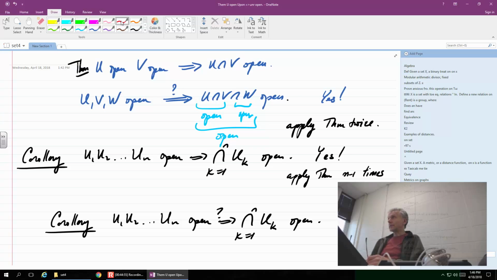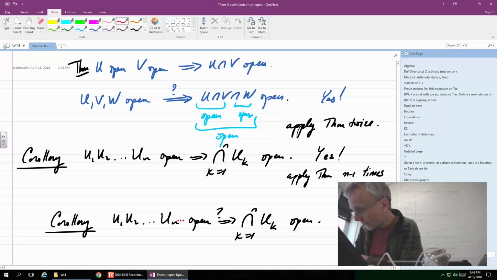N is finite. The next level is infinite. Okay, so as long as we have finite, we have taken care of it. No matter how many, if the number of open sets is finite, then the intersection will be still open. Okay. What if we keep going like this?